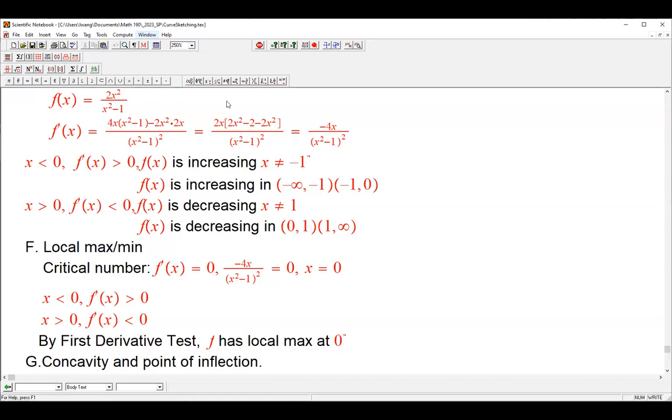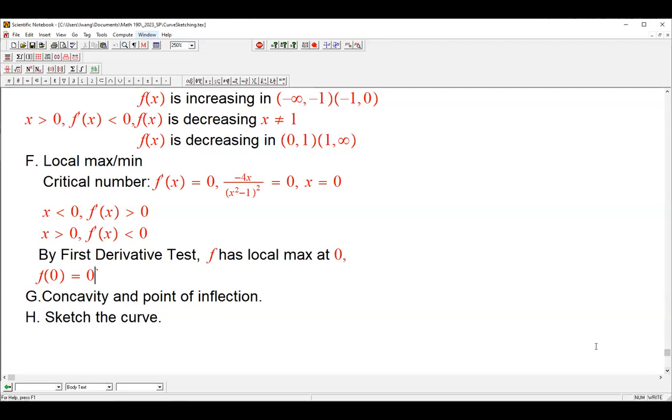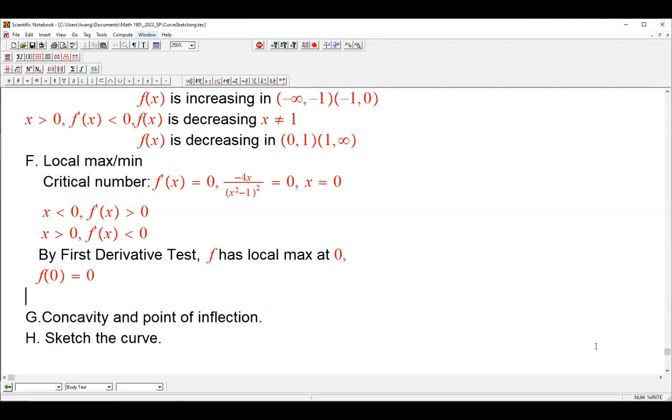And what is the local max value? The local max value can be found by replacing x by 0. When input is 0, output is 0. So that's the local max.